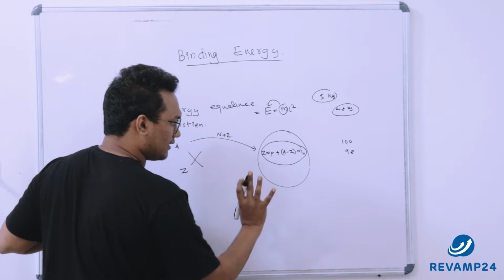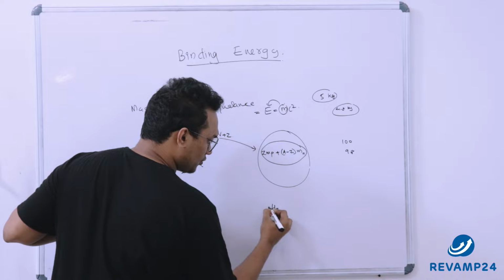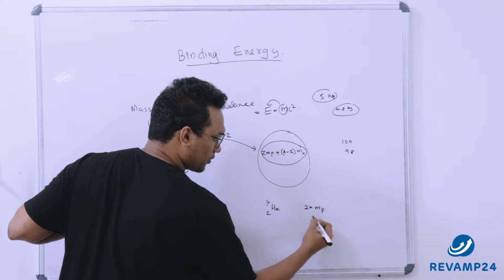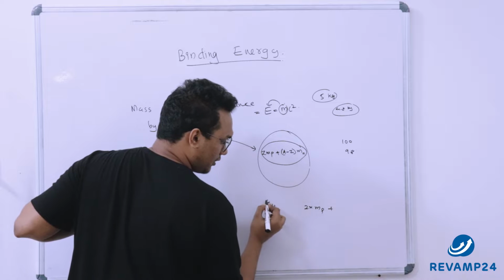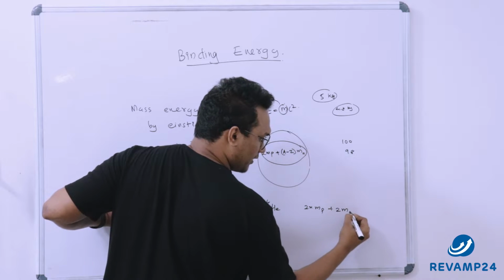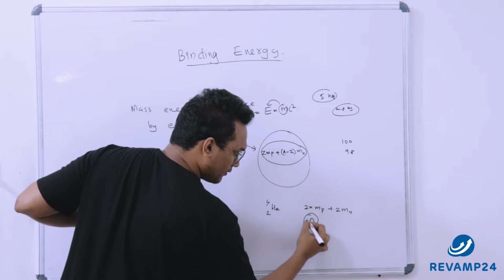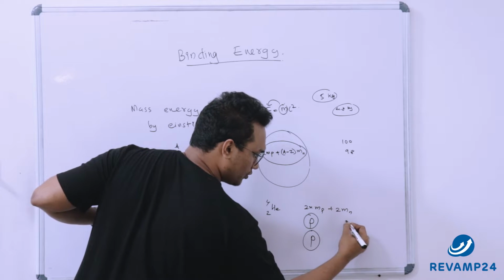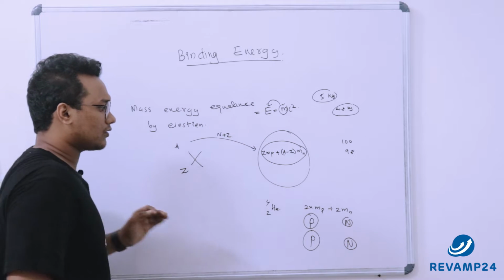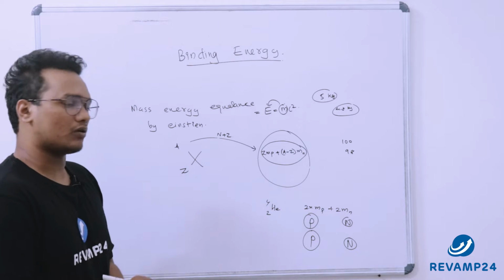I will repeat with an example, the helium nucleus. Helium has atomic number 2 and mass number 4. So 2 protons are there, so 2 into the mass of a proton, plus how many neutrons? 4 minus 2, so 2 neutrons, so 2 into the mass of a neutron. These 2 protons and 2 neutrons are the total constituents of the helium nucleus.